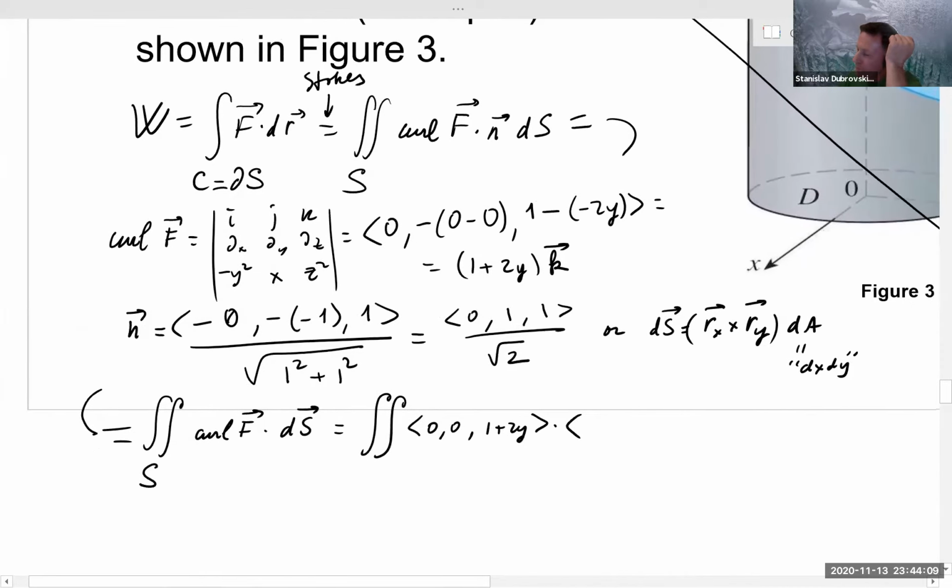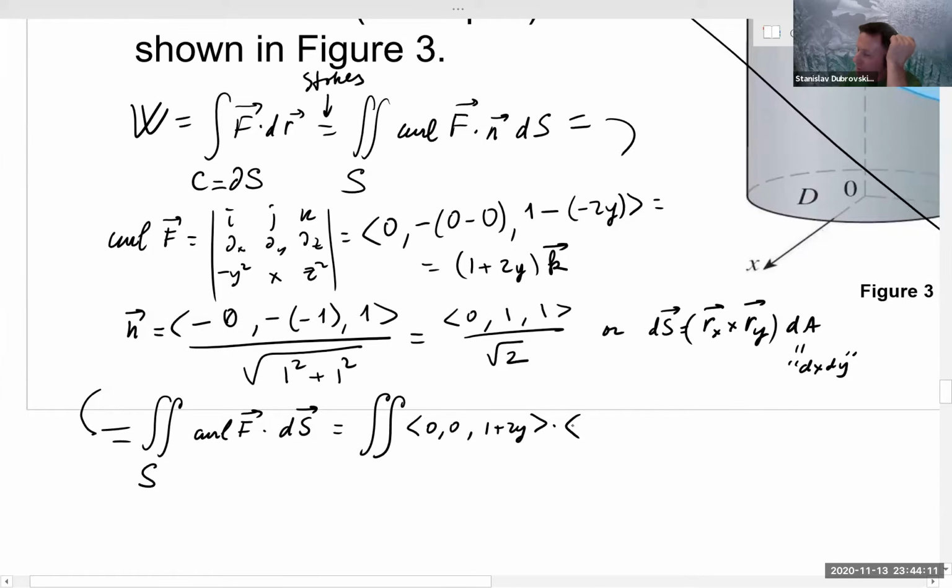So we already noticed that that is calculated right here. Rx cross Ry is 0, 1, and 1. So we don't need to worry about the square root of 2 here. dA.